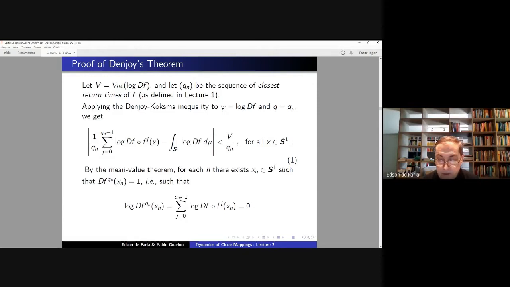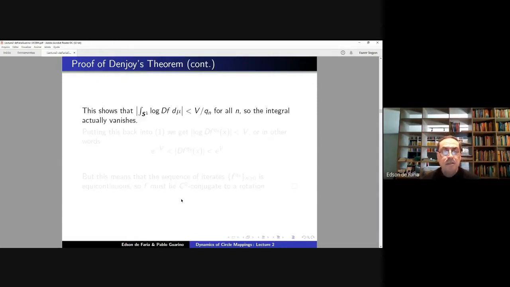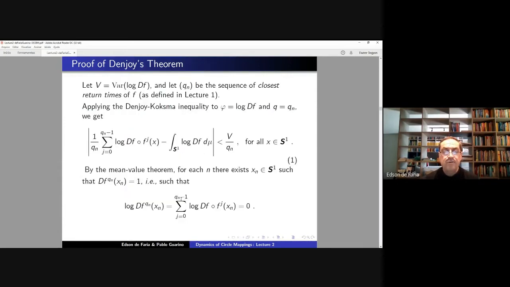So if you do that, you deduce that the integral of the log of the derivative of f is less than v over q_n for all n. And since the q_n's are going to infinity, this means that the integral must be 0. So now you know that the integral vanishes. You can go back to this inequality and set the integral equal to 0.